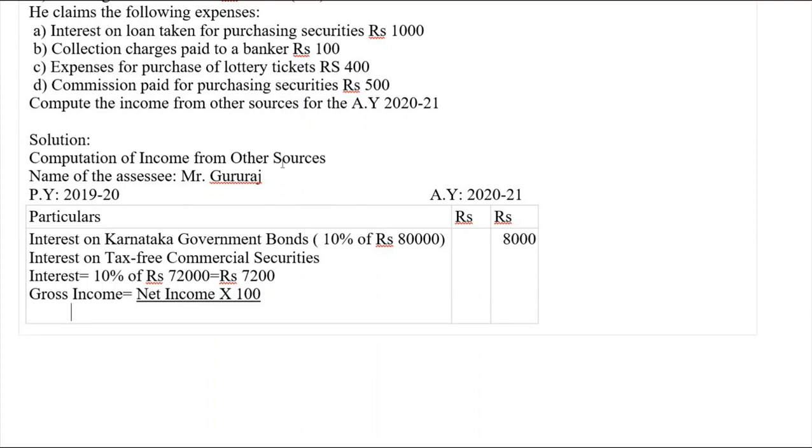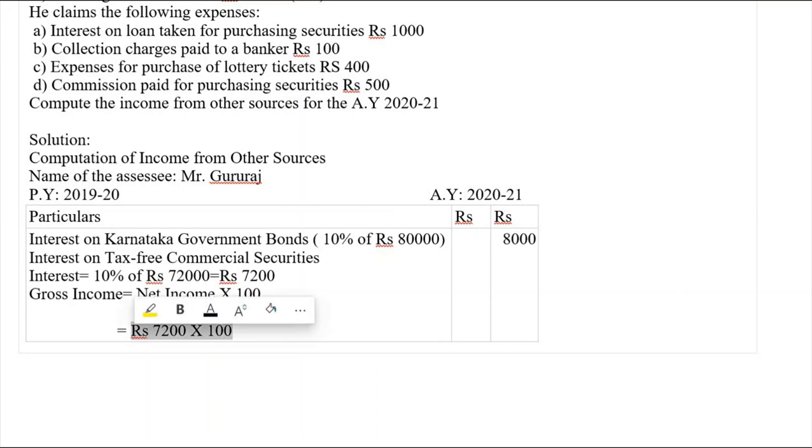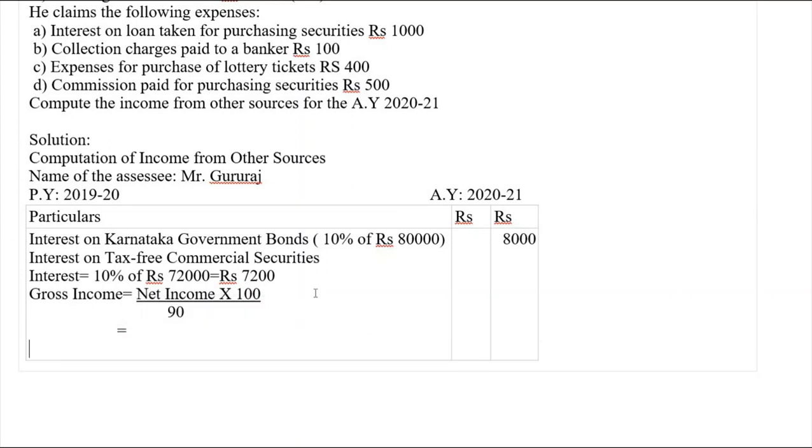Whether it is listed or unlisted, the rate of TDS is 10%. So 100 minus 10 comes to 90. Substituting the values, rupees 7,200 multiplied by 100 divided by 90 comes to rupees 8,000 again.